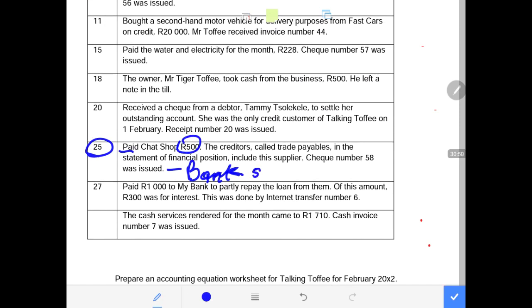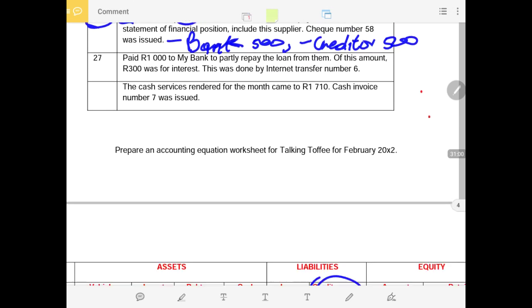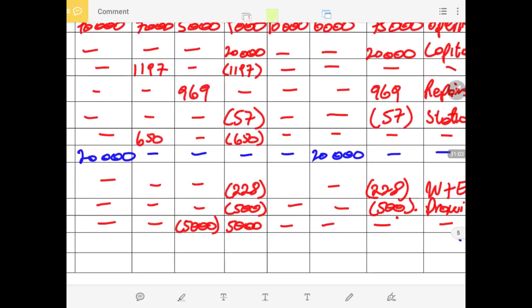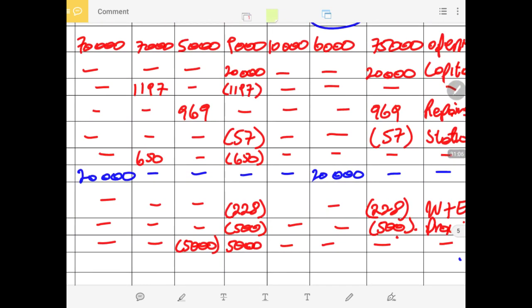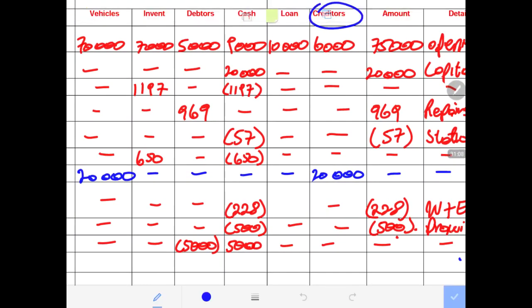Therefore, our bank account will decrease by 500. And our creditor or trade payables must decrease by the same amount of 500, because if we pay our creditors, they must decrease, because we owe them less than what we used to owe them. So this will be a minus from our bank account, from our cash. Then under the column of creditors, we need to acknowledge that our liabilities must decrease by the same 500.